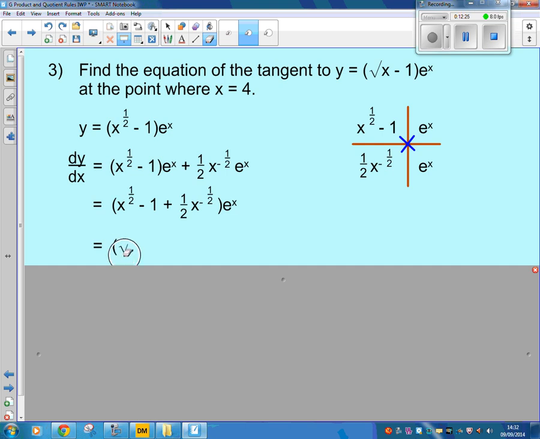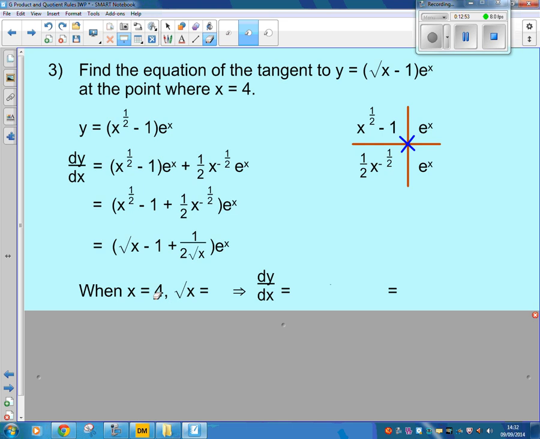X to the half means root x, minus 1 plus, and here it's 1 over 2, and if x to the half is root x, x to the minus a half is 1 over root x. So that's a half times 1 over root x, which is 1 over 2 root x. Obviously there's an e to the x outside.